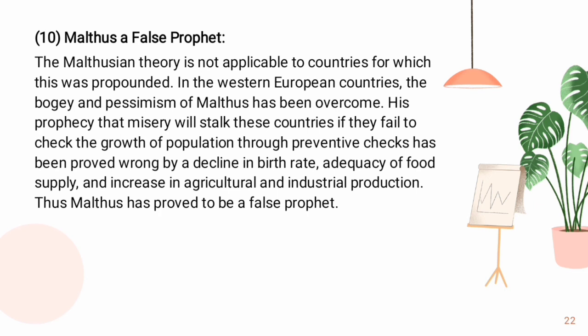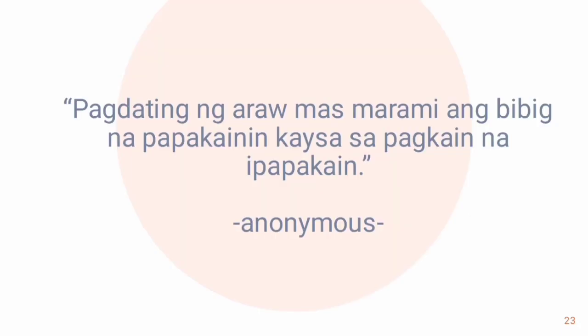So, doon pa lang parang, yun nga, maraming loopholes yung theory mo and natatawag ka tuloy na false prophet. So, yun nga, kalimutan nyo yung advancement of agriculture and industrial production, yung increase of food supply, and yung pag-decline ng birth rate. Kasi nga, di ba, maraming factors na hindi niya na-consider when it comes to creating a theory, which is the Malthusian theory.